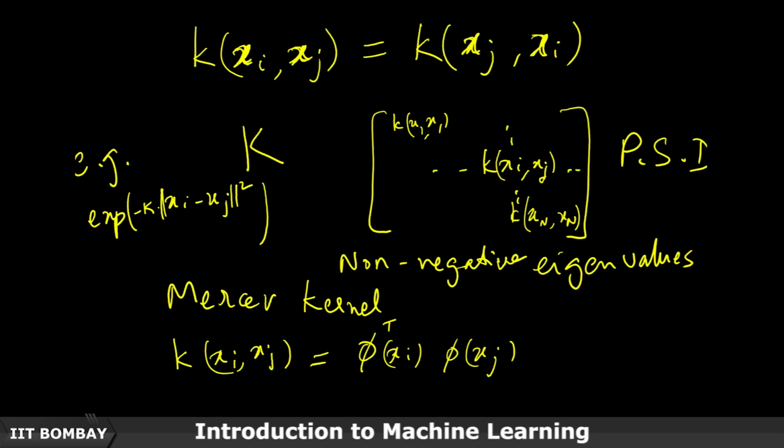We can show, using induction, that if we form a matrix of any size, starting with, let's say, a matrix of size 2, and then increase the matrix size by 1, it is still going to be a positive semi-definite matrix.